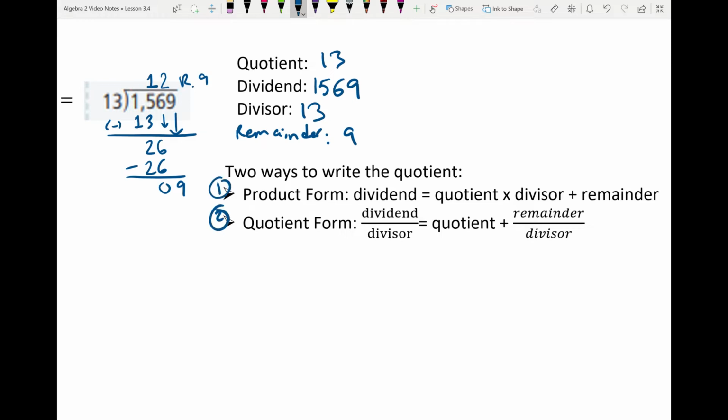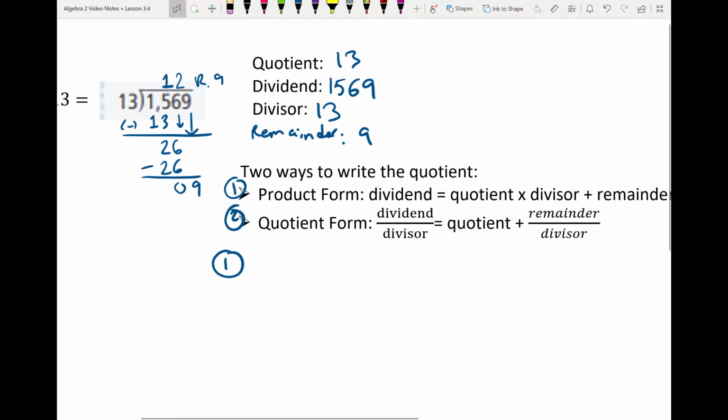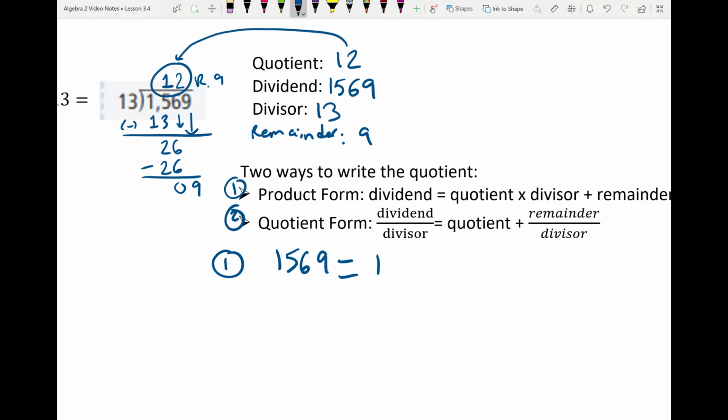So to write this problem that we just did in the product form, well, we say, okay, the dividend is 1569, and that is equal to the quotient that we just got. I wrote the quotient as 13. I apologize. This should say 12, not 13. The quotient is the answer, is this guy here. That's the quotient.